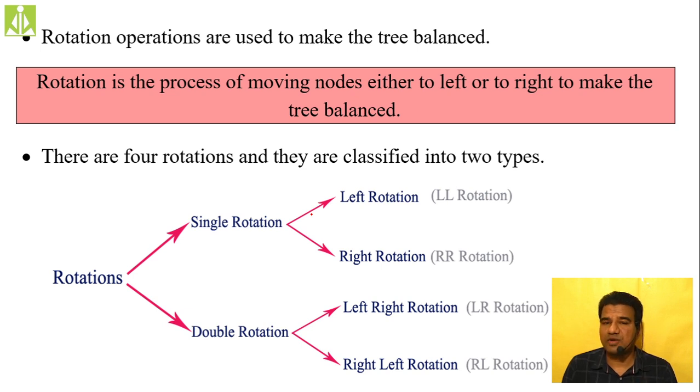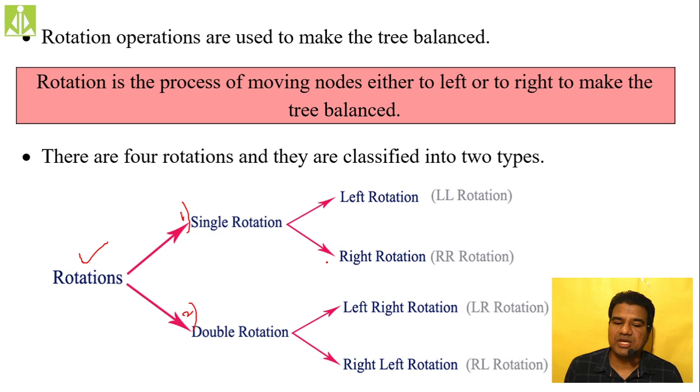We have four types of rotations, and these four rotations are classified into two types. The first type is single rotation; the second type is double rotation. In single rotation we have two rotations, and in double rotation we also have two rotations.